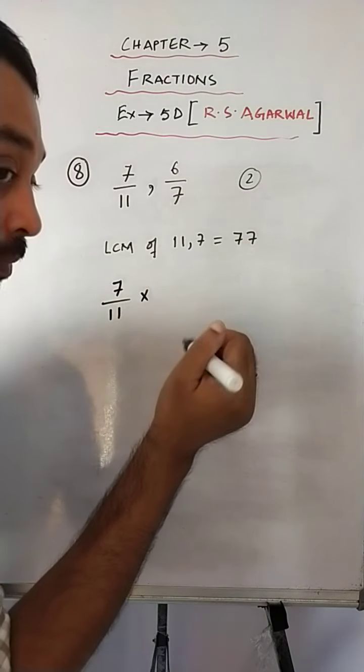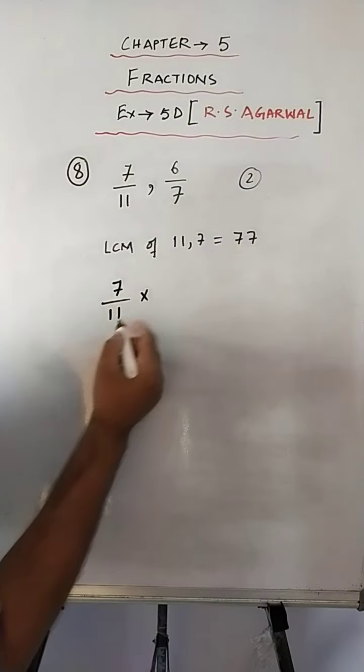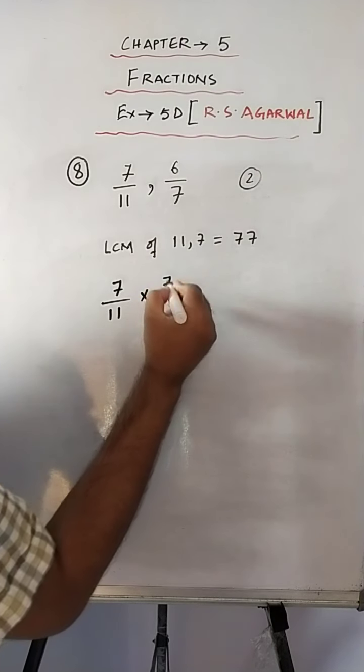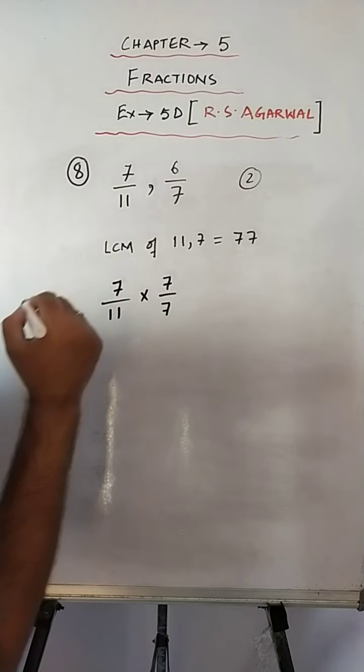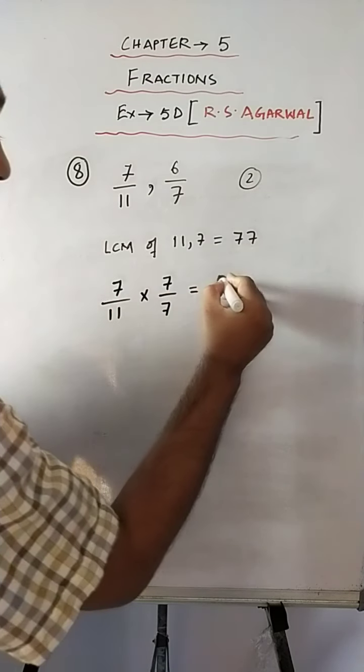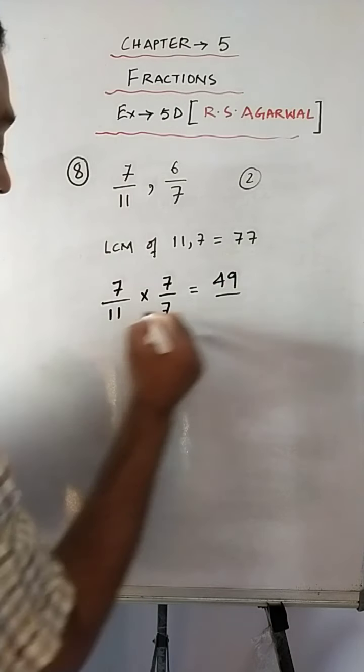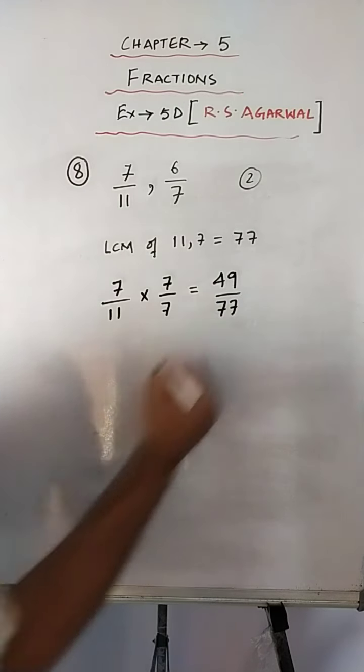So what is the answer then? What will be the answer? 7. Absolutely. So you have to multiply that answer with the numerator as well as with the denominator also. So 7 sevens are 49, 11 sevens are 77.